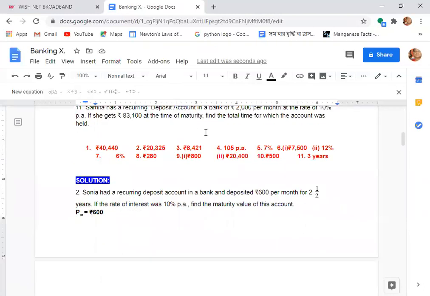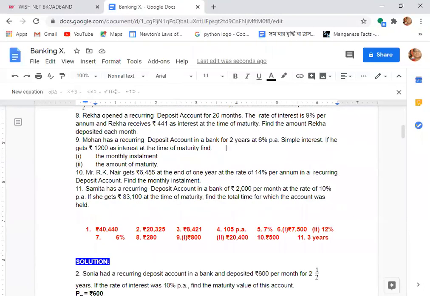These sums are given in the Google Doc, which will be shared in the description box. If you have any problem or if you don't have the ML Agarwal book, you can consult the description box so that you can get the questions and then try to solve them your own way.